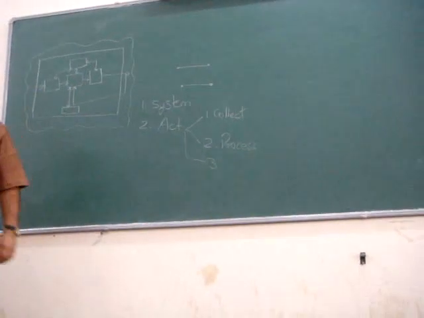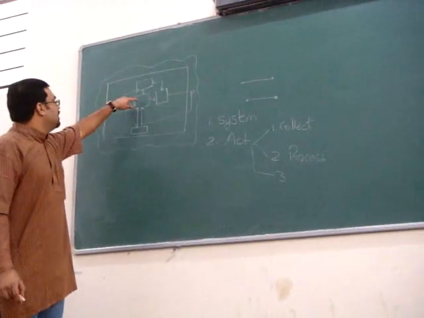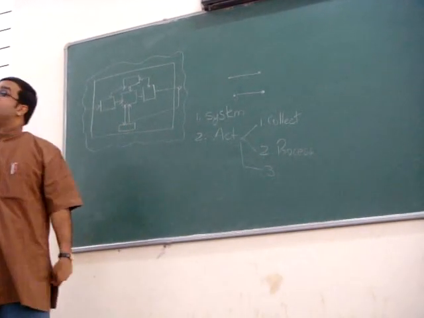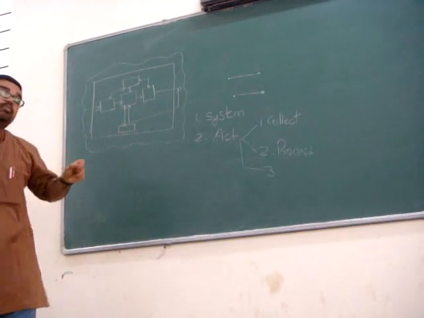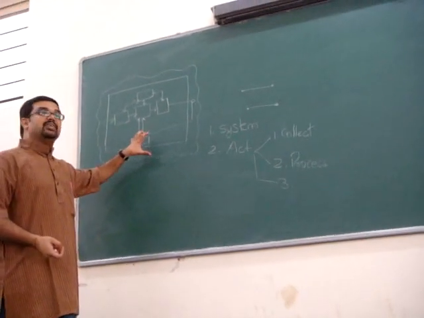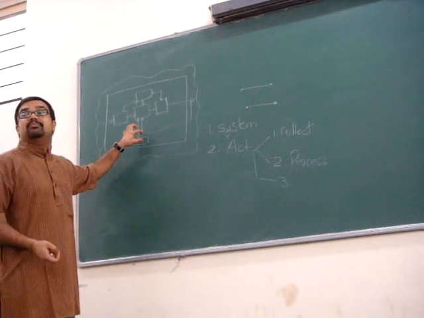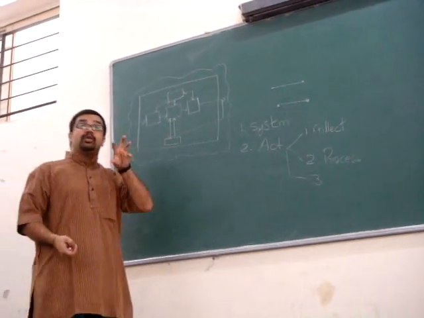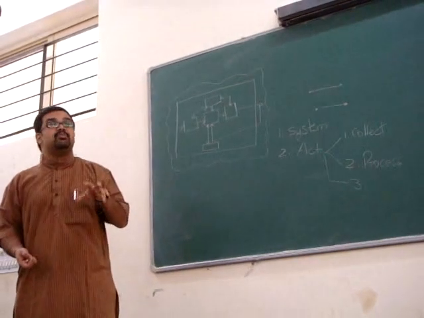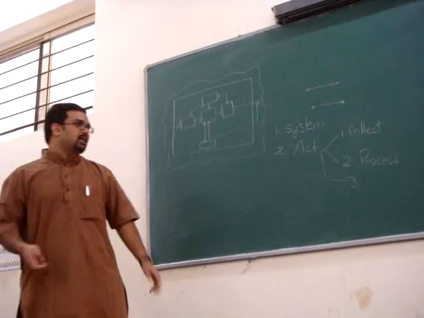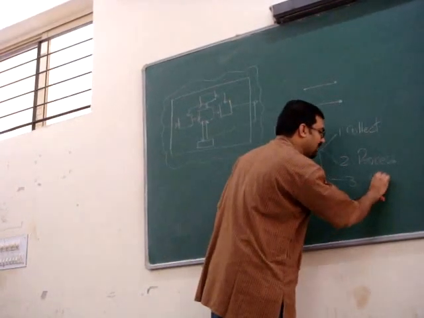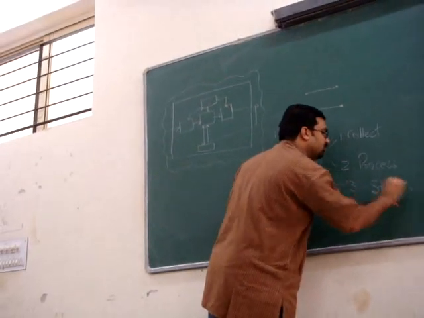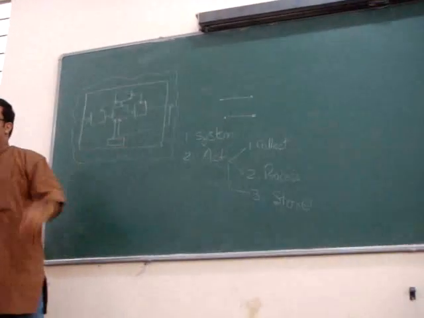The third basic activity of an information system is this. What is the difference between any other information system and a computer-based information system? It is necessarily that we can store the data. Once you store the data, it has a permanence value. Right? So we can store the data. This is again a broad area.